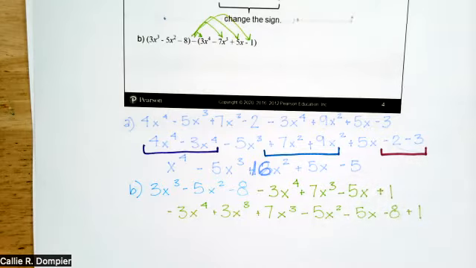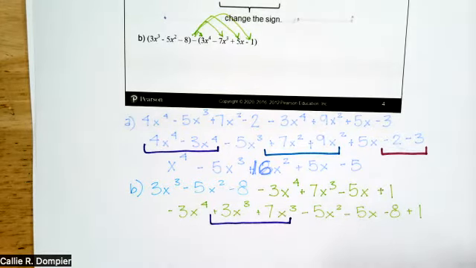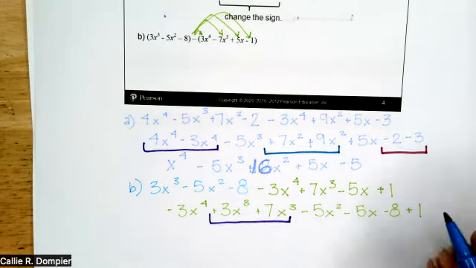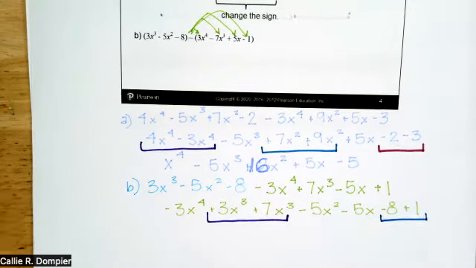That look okay? Now I can combine the 3 and the 7 and the -8 and +1.